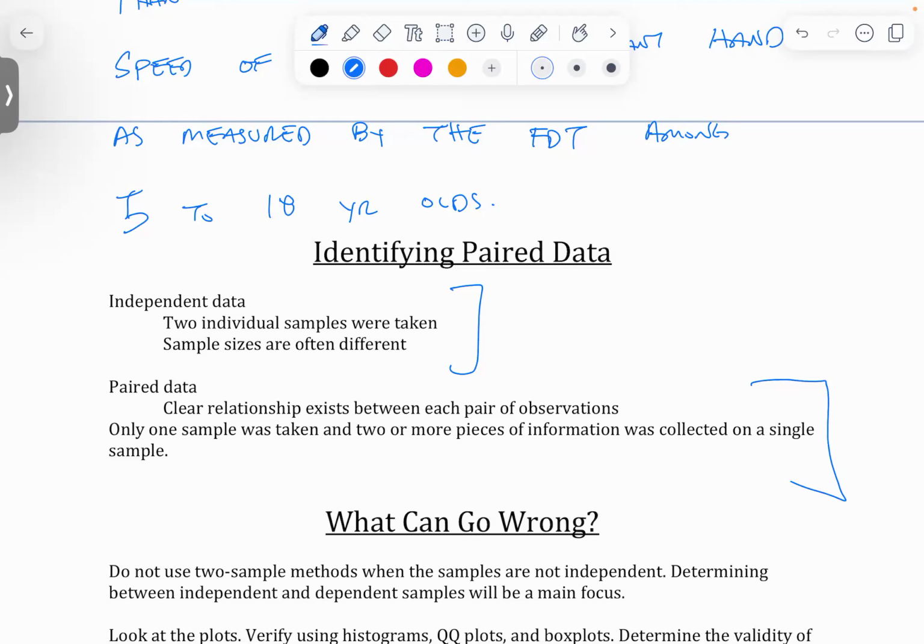If it is, are the same things doing two different things? If it is two separate groups, that's this top case. That's independent. Now, without a doubt, if the sample sizes are different, that's a dead giveaway. But if the sample sizes are the same, then you need to determine whether you're dealing with dependent or independent data. And that's the stuff that you need to really focus upon.